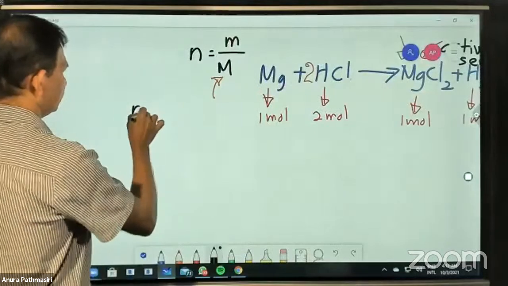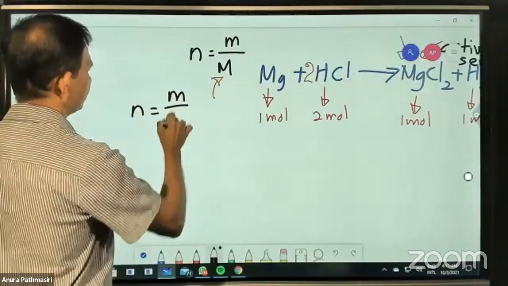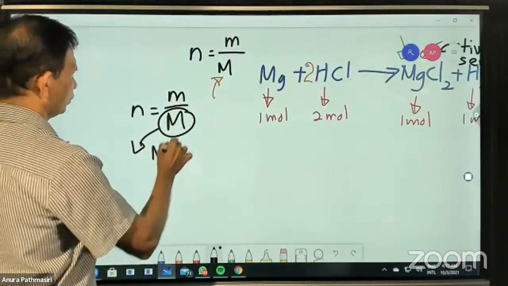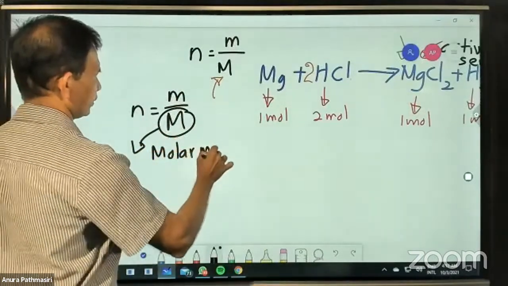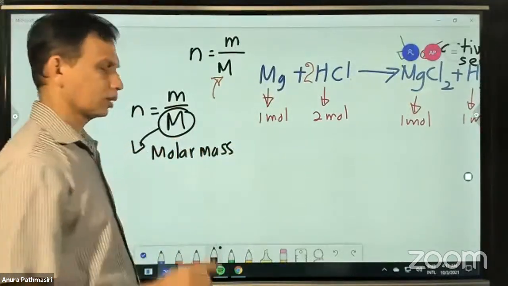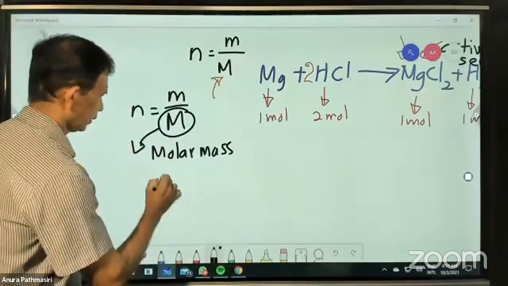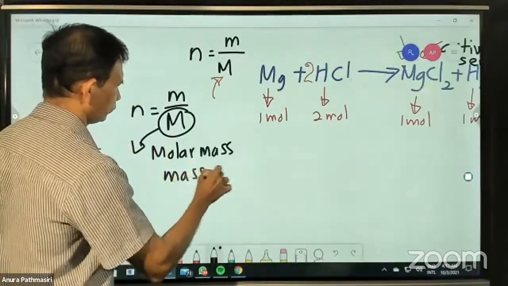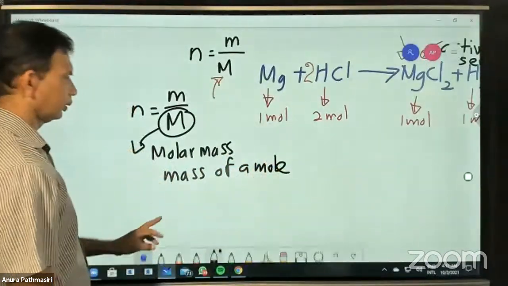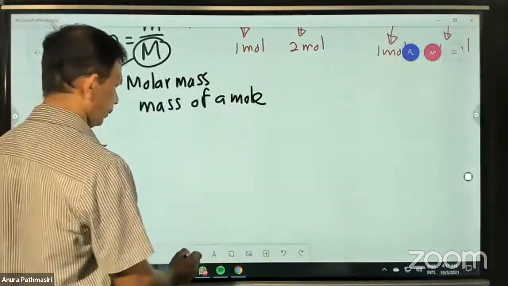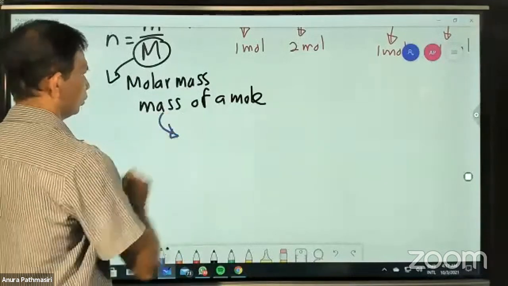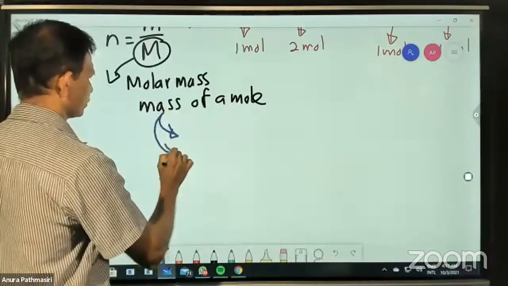Simple m over capital M, where capital M is the molar mass. Molar mass means the mass of a mole. So the mass of a mole will be in 2 ways.